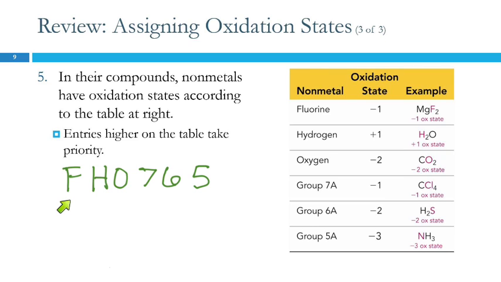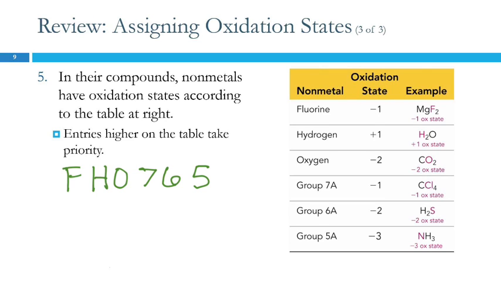If fluorine's there, fluorine gets to pick first. Fluorine always gets to be -1. If hydrogen is there, it gets to be H+. Oxygen gets to be -2. Then you look at group 7 nonmetals. They get to be what they would have as a charge, 6 and 5. See how that works?